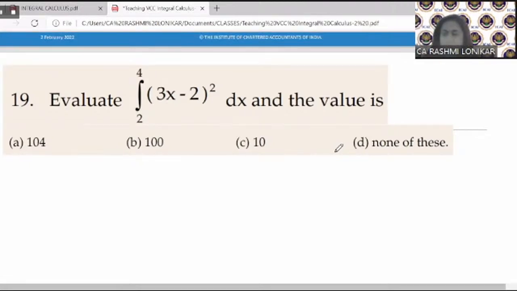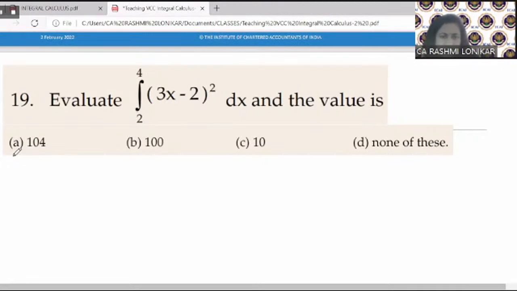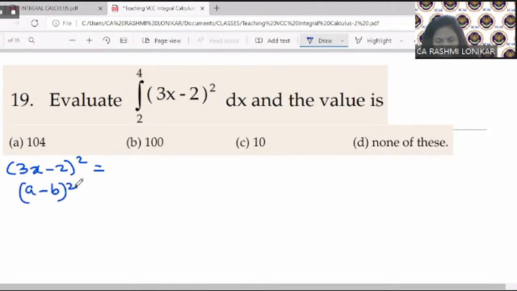Now evaluate this. As I told you, you can do this by substitution method or you can do it by expansion, because this is a simple quadratic raised to 2. So I can say 3x minus 2 whole square, I can write it as, this is a minus b whole square, that is a square minus 2ab plus b square, right?